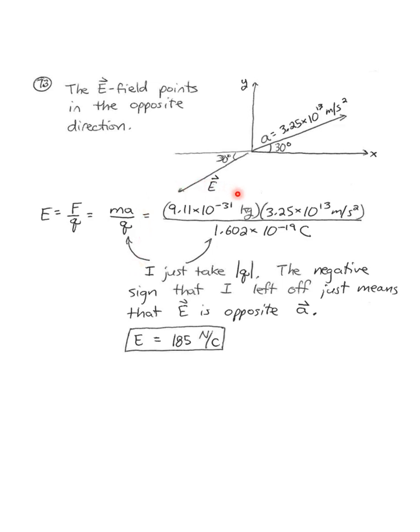So there's the mass of an electron, the acceleration, divided by the charge of the electron. And so we get a magnitude of 185 newtons per coulomb. And you can see by the picture the direction it's going 30 degrees below the negative x-axis, which is going to be direction of 180 plus 30, so 210 degrees.